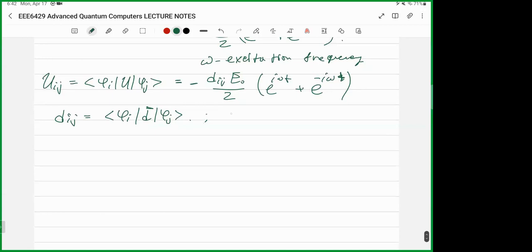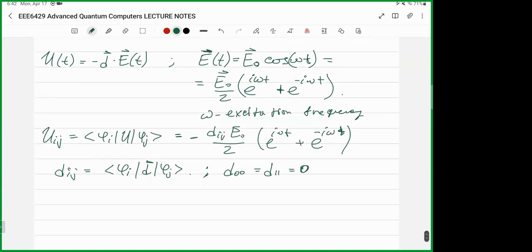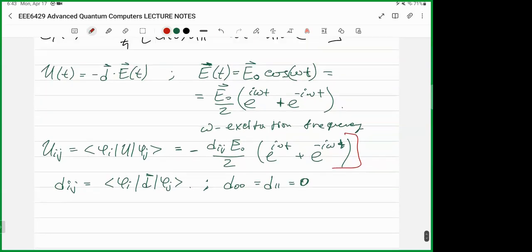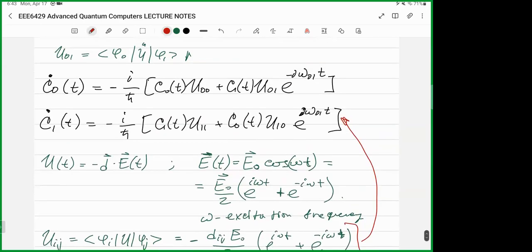So as we already said, d00 and d11 are usually equal to 0. So I just omit these two terms, and I plug this equation for the interaction Hamiltonian into these two equations here.